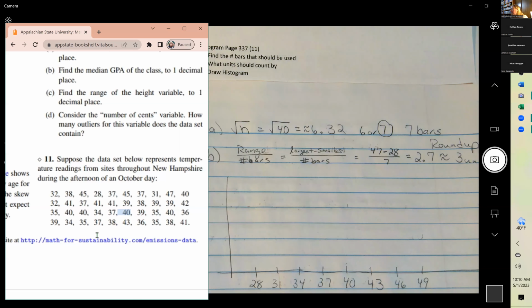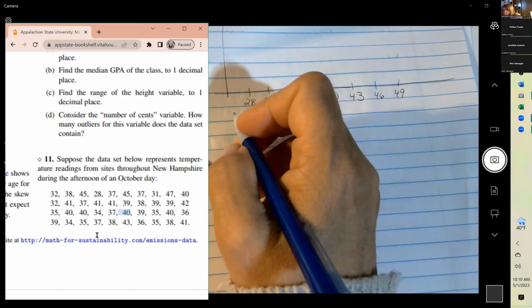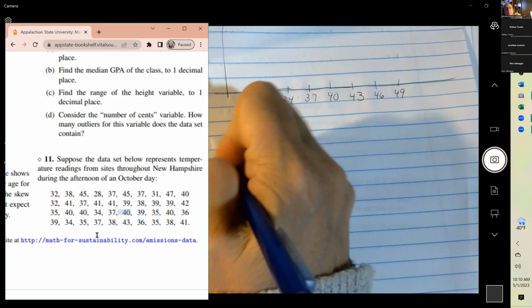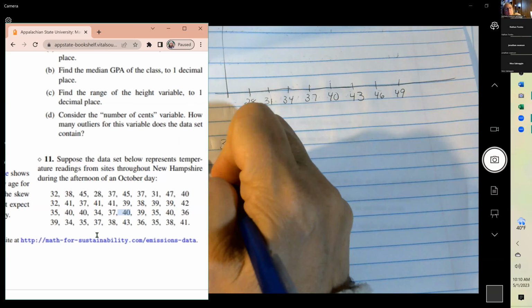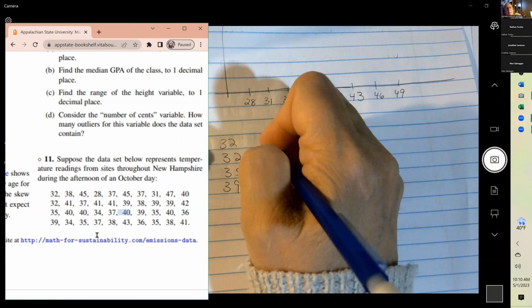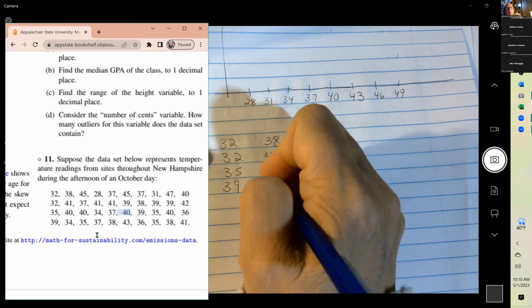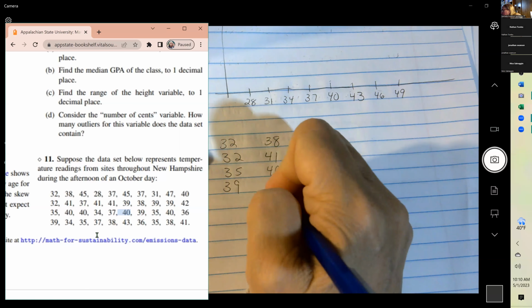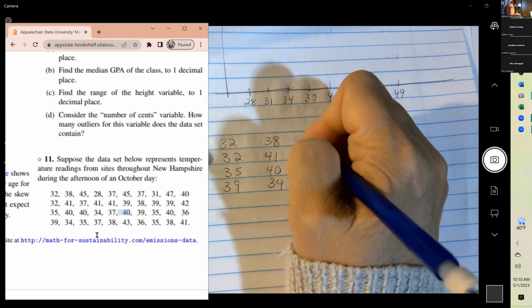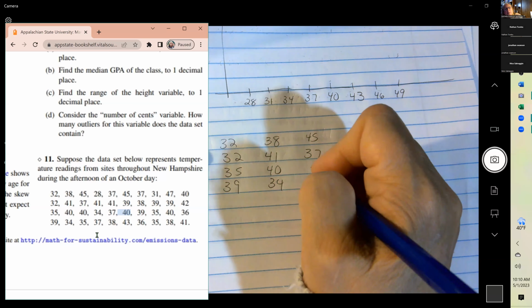Oh, let me write these all down real quick. It's easier if you can cross them out. On the test, it'll be a lot smaller.